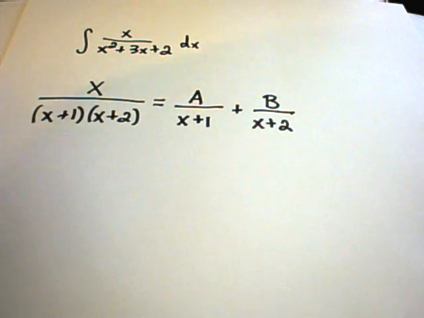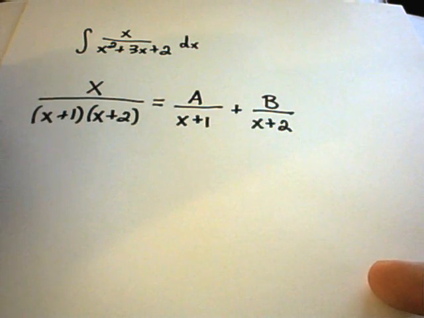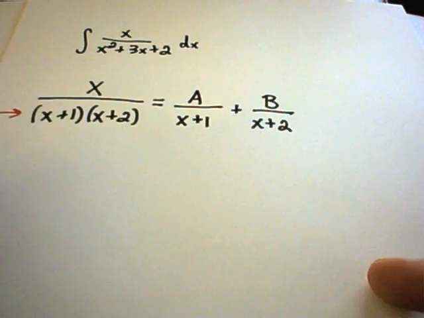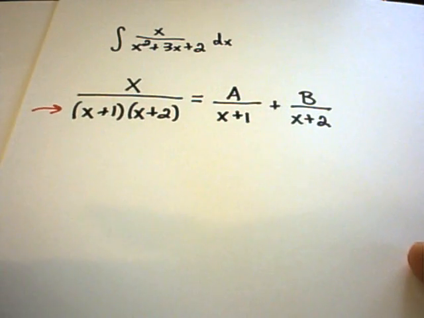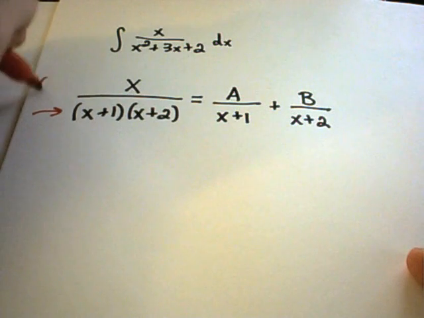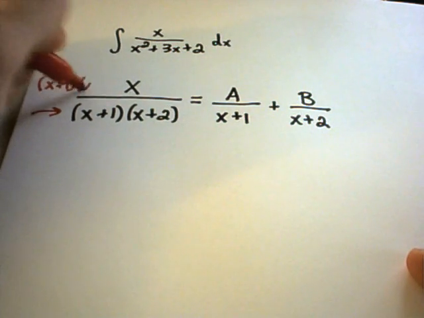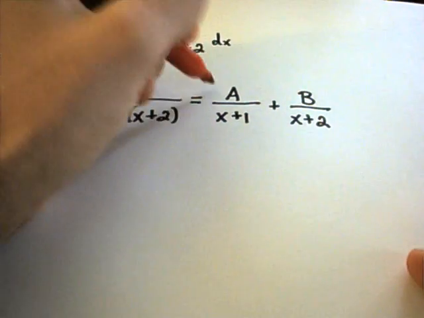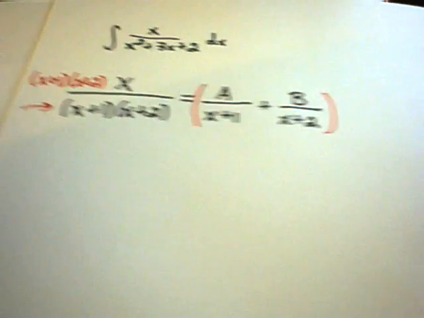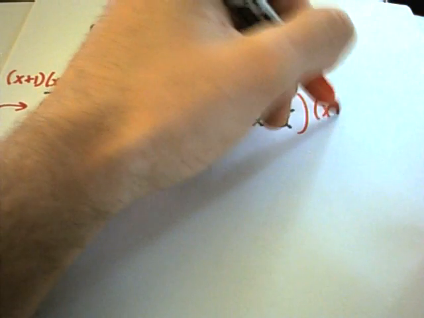I'm going to multiply both sides by x plus 2, x plus 1 in this case. Whatever the denominator of your original problem is, that's what you're going to multiply both sides by. So I'm going to multiply the left side by x plus 1 times x plus 2, and if I do it to the left side, I have to also do it to the right side.